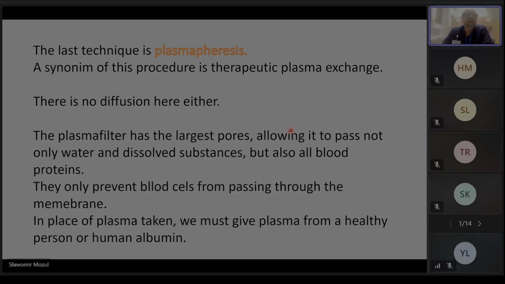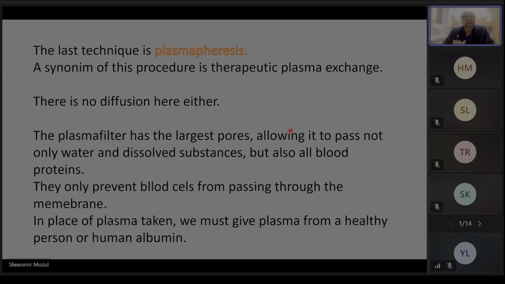And the last technique I will be talking about today is plasmapheresis. A synonym of this is therapeutic plasma exchange. There is no diffusion here either. The plasma filter has the largest pores, allowing it to pass not only water and dissolved substances, but also all blood proteins.